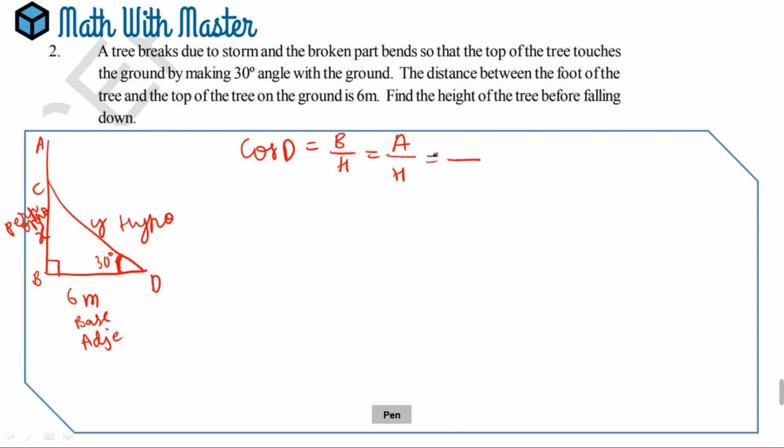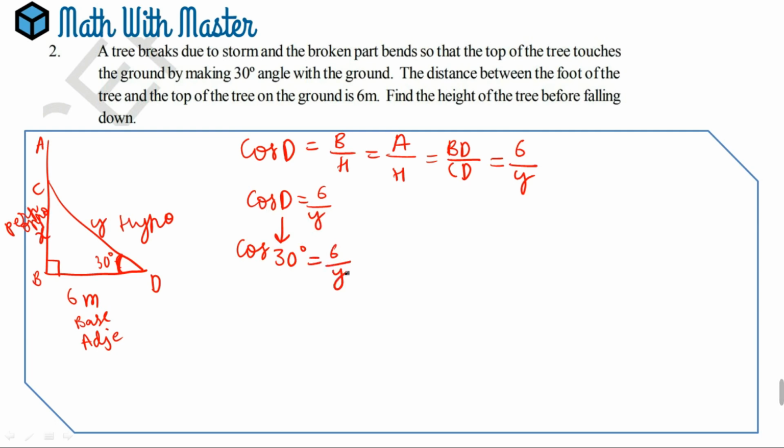So what is the adjacent side, BD, upon the hypotenuse side, CD? The value of BD is 6, and the value of CD is y. So cos D is equal to 6 by y, and instead of D I can write the value of D. Angle D is 30 degrees, which is equal to 6 upon y over here.